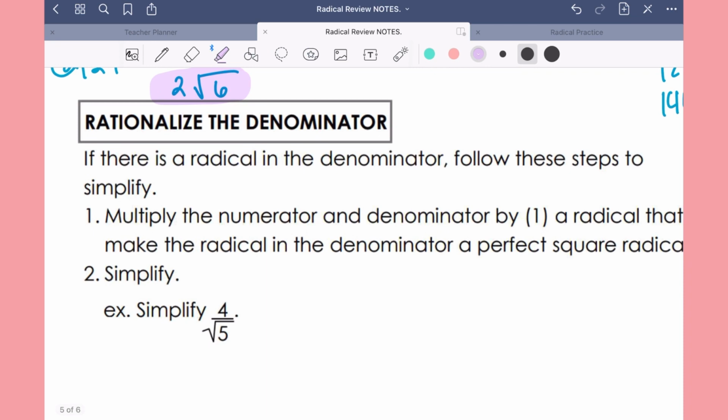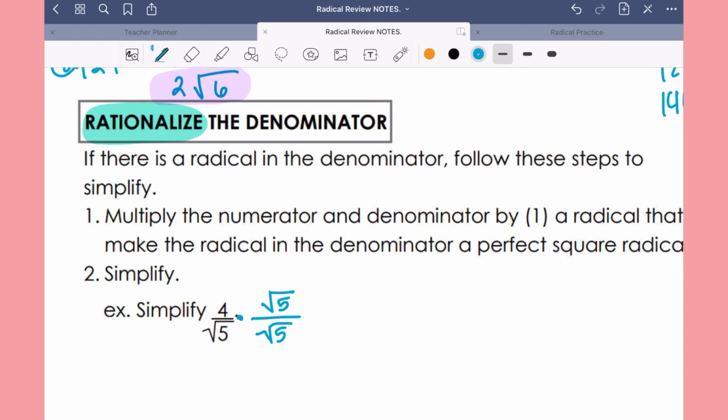very illegal thing that we cannot have. We cannot have a square root in the denominator of a fraction. So the way to undo that is called rationalizing the denominator. And the way you do that is you take the square root that you have in the denominator and you multiply the numerator and the denominator by that same square root.